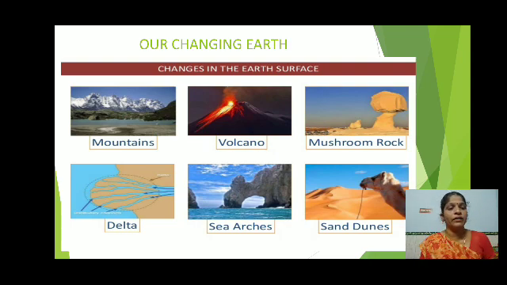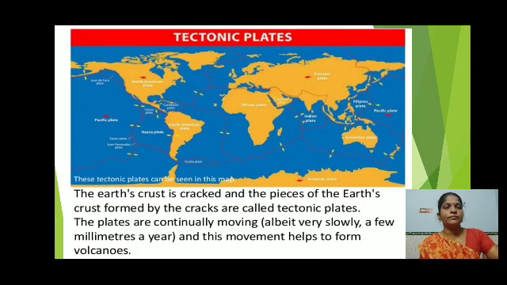What are tectonic plates? The Earth's crust is cracked and the pieces of Earth's crust formed by the cracks are called tectonic plates. The plates are continuously moving, albeit very slowly, a few millimeters a year, and this movement helps to form volcanoes.